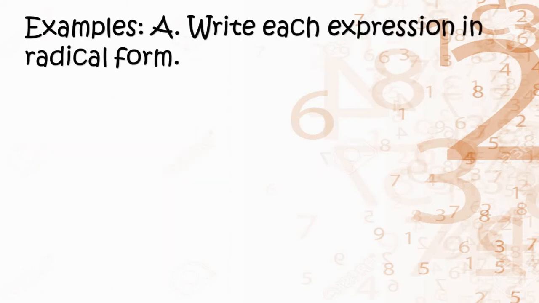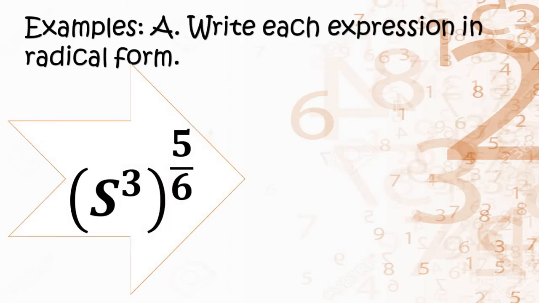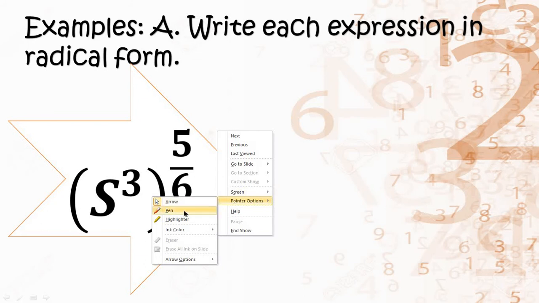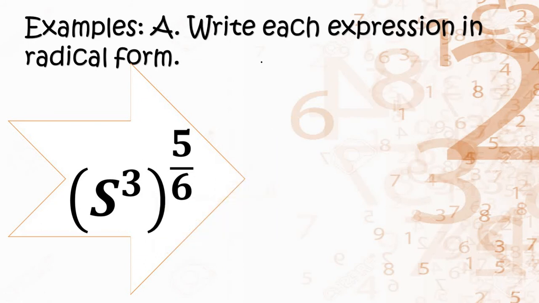Let's have another example: the quantity s cubed raised to 5 over 6. Let's simplify this first. Let's apply the laws of exponents, the power of a power rule. We have s raised to 3 times 5 over 6. Again, the denominator of a whole number is 1. So 3 times 5 is 15, and 1 times 6 is 6.